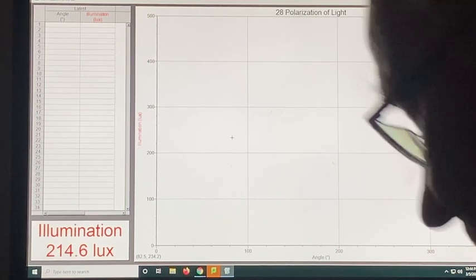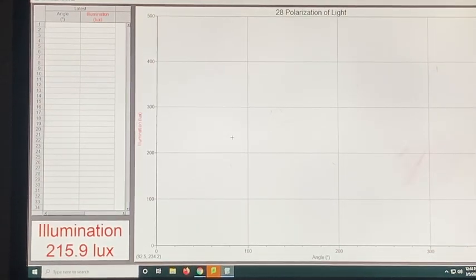I showed you the setup for how the polarizer works, and the polarizer only allows light in one direction. So what I'm going to do is rotate this, to give you a sense of how this thing works. All right.